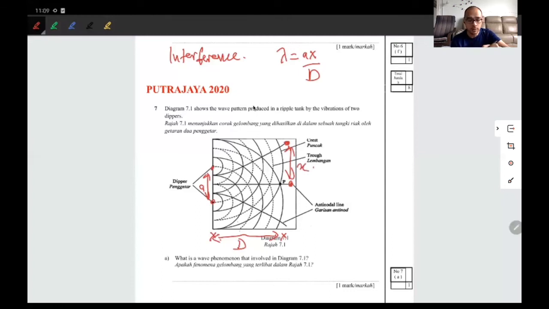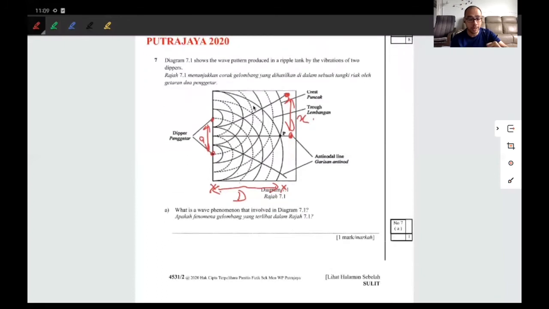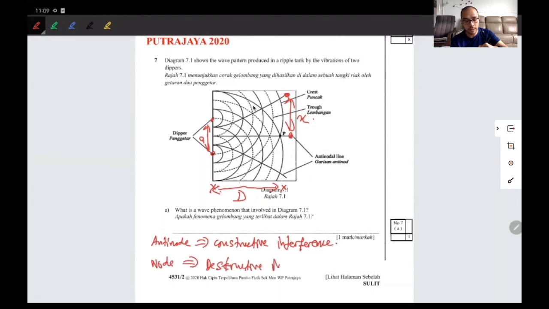Just to remind you, what is node and antinode? Antinode is where constructive interference happens. Node is where destructive interference happens.